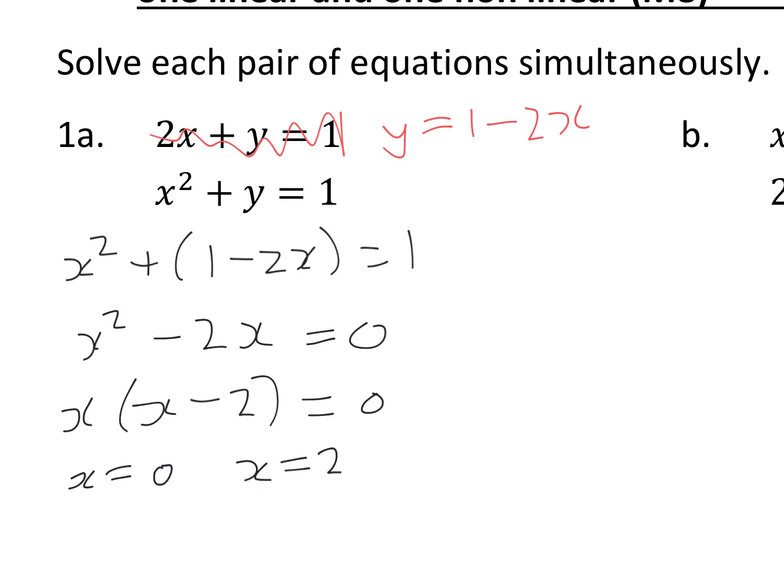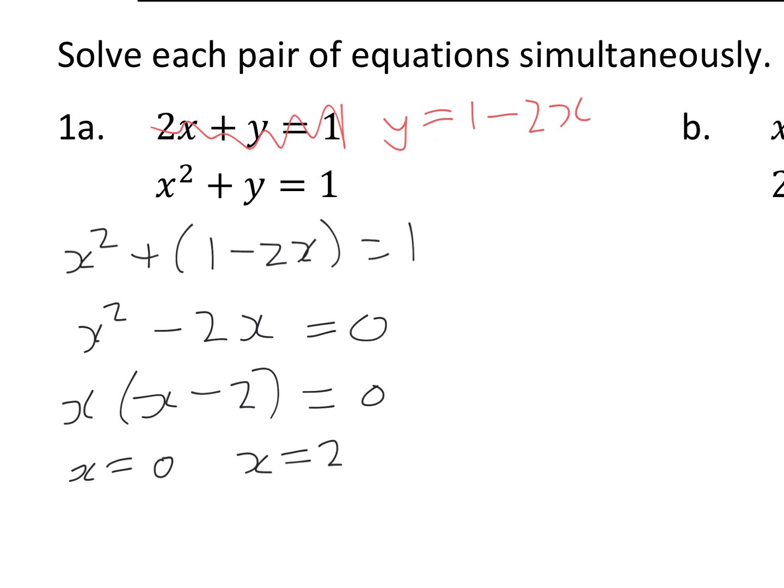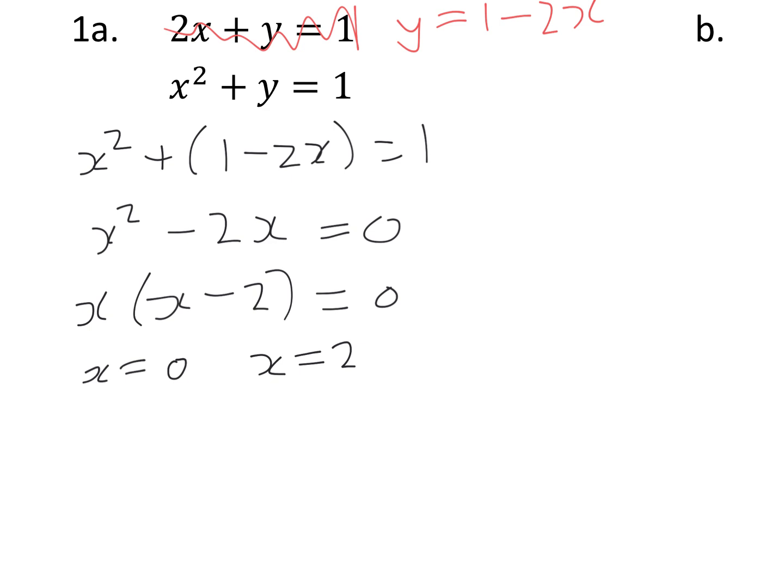Now, with simultaneous equations, it's not just getting an x value, there's always a corresponding y value to be found. So we can use this equation to work it out. When x is 0, y would be 1 minus 2 zeros, which is 1 minus 0, which is just 1.